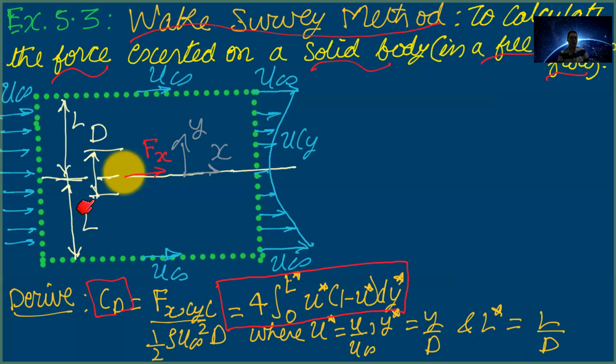Whenever you solve a fluid mechanics problem, there is at least one value of velocity and length scale which is given to you, which we use as a non-dimensionalizing scale. In this problem, u infinity is given to you, so we use that to non-dimensionalize the velocity. As far as length is concerned, you are given the diameter of the cylinder, so we use that to non-dimensionalize the coordinates. This length also, half of the length of the domain, we non-dimensionalize by the diameter of the cylinder.